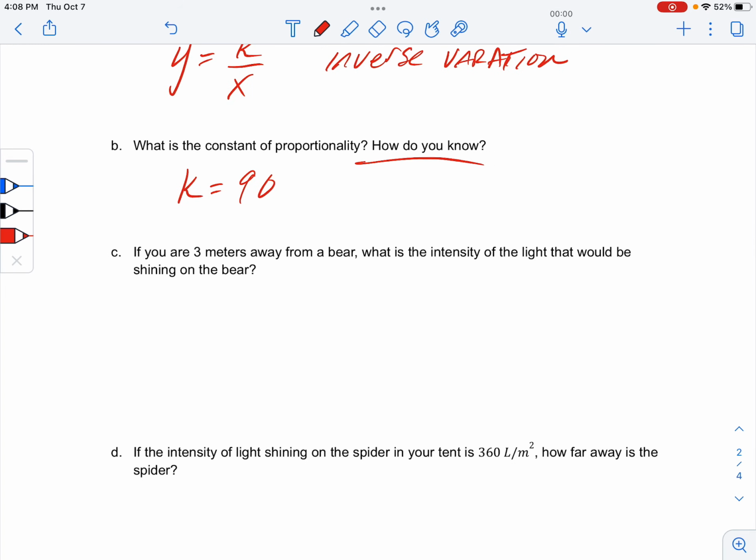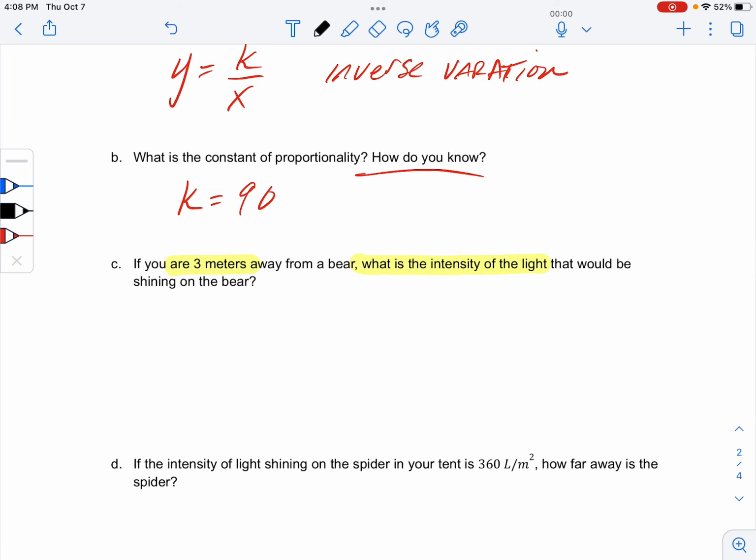Moving forward, again, we're going to be given some variable, and we're going to be asked to solve for the other. So in this problem, we are given a distance, and we are asked about the intensity.